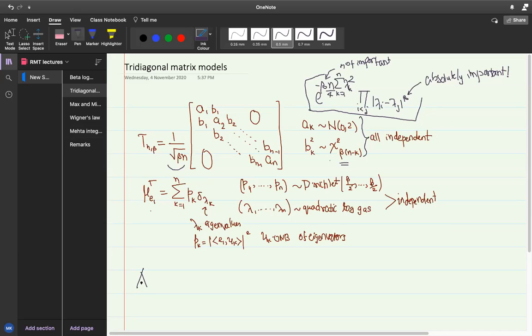If you have a symmetric matrix A, n cross n, let's say Hermitian, and V is a vector in C^n, then take the numbers A to the P, V inner product V. As P changes, they are the moments of a measure, and that measure is called the spectral measure of A at this vector V.